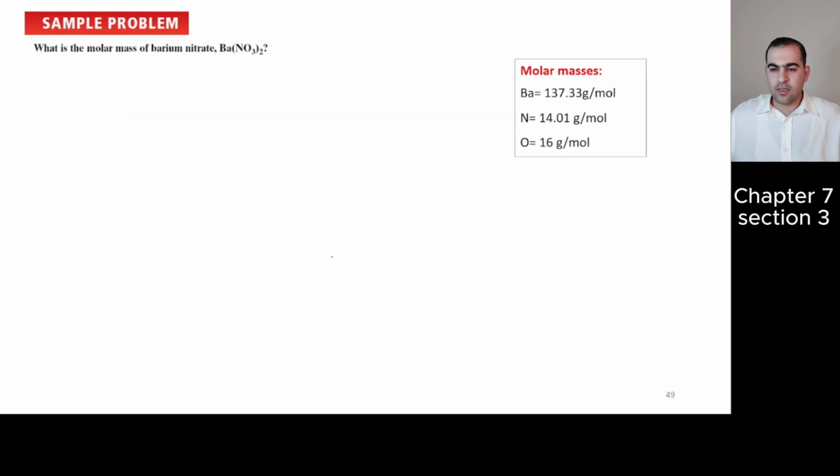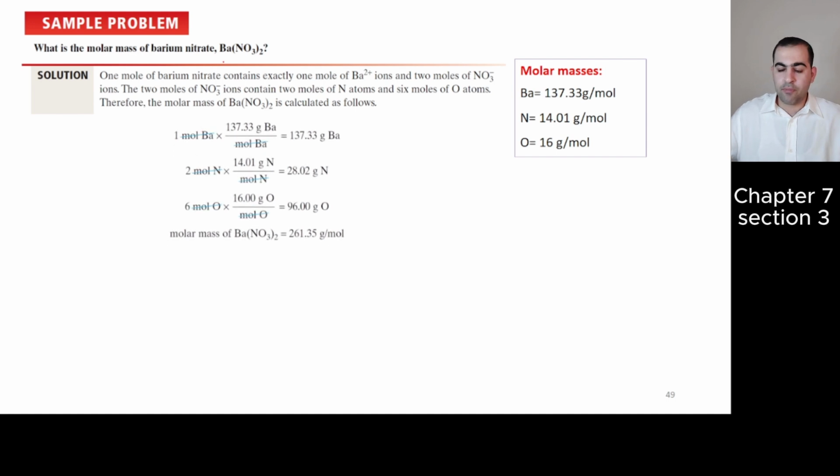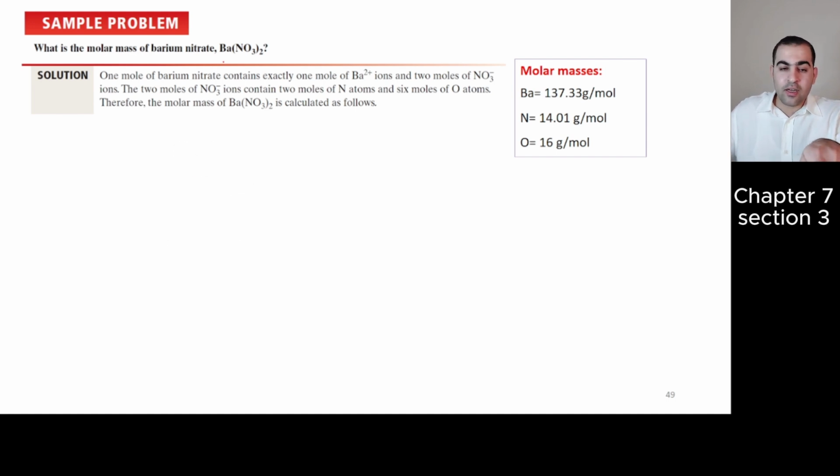I think we use the same steps to find formula mass. For example, for barium nitrate, how many barium do we have? It's very important. Here, guys, molar mass of barium nitrate means the mass of 1 mole of barium nitrate compound.